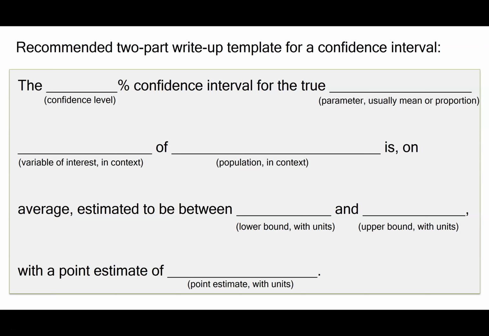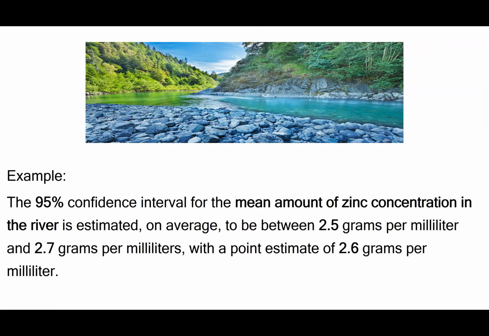So for context, the zinc concentration river: the 95% confidence interval for the mean amount of zinc concentration in the river, so for all locations on this river, is estimated to be between 2.502 grams per milliliter to 2.698, we rounded a little right there, grams per milliliter, with a point estimate of 2.6 grams per milliliter.